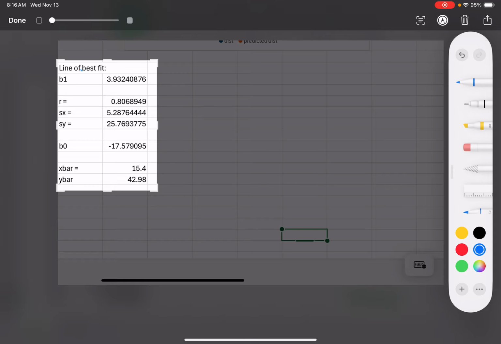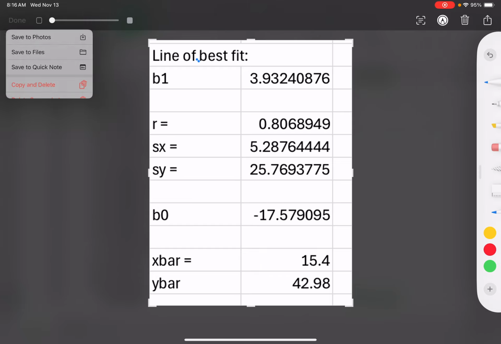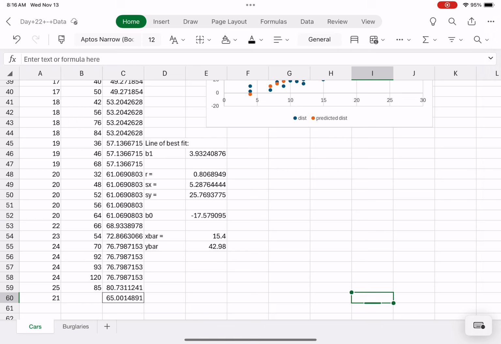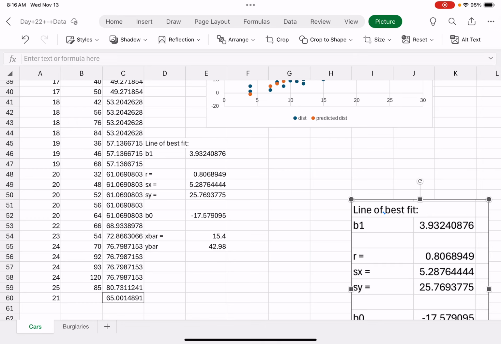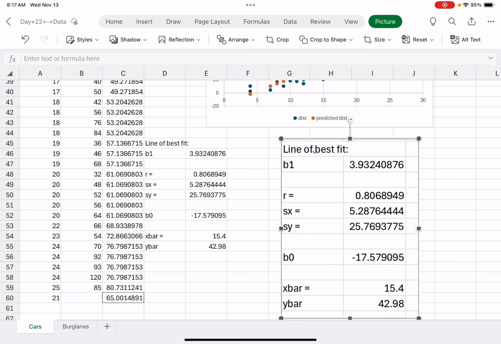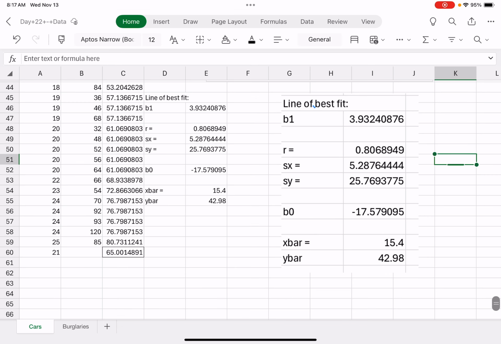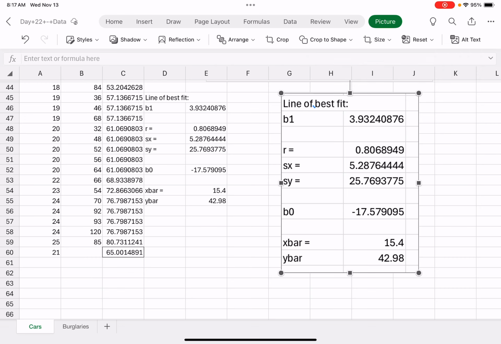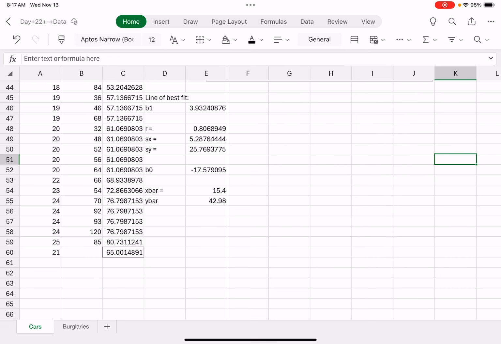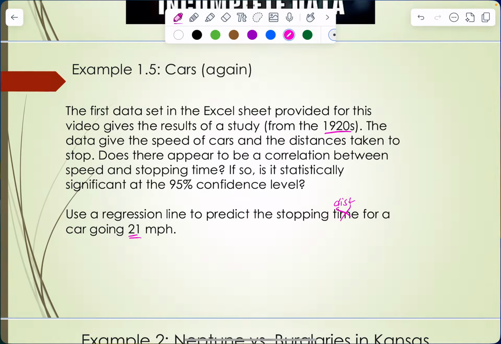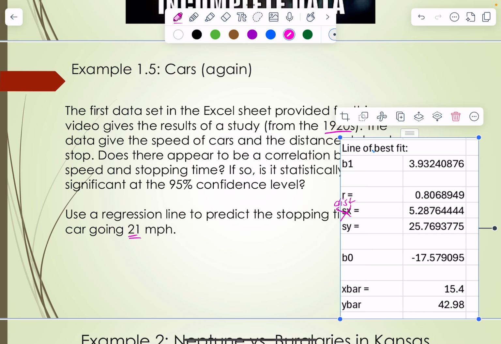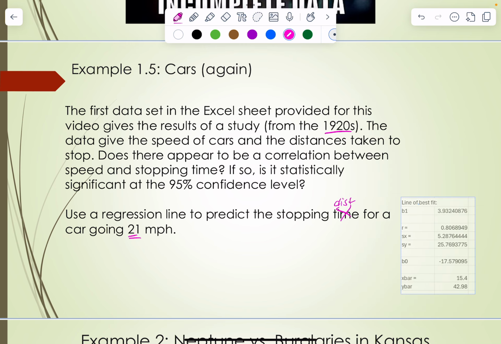So I have my B1 and my B0. Okay, done. Copy and delete. Come over here. Paste. So there's the information for my line of best fit.